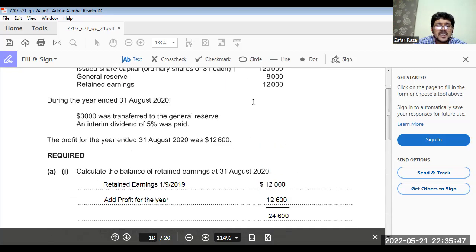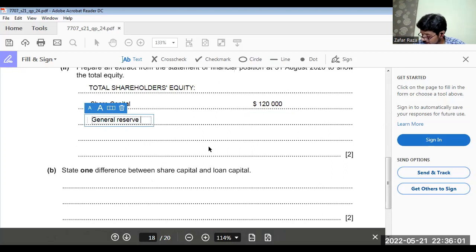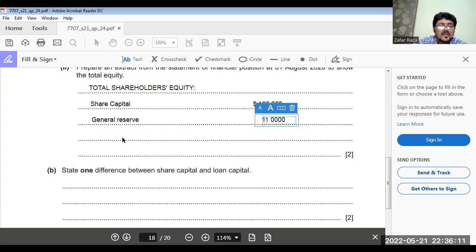General reserve 8,000 and 3,000, 11,000. What next?